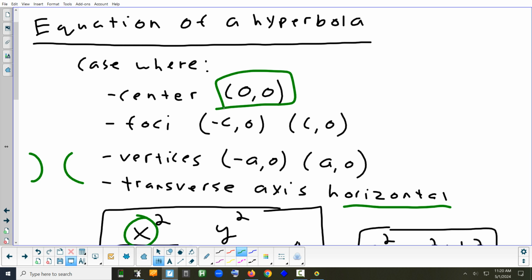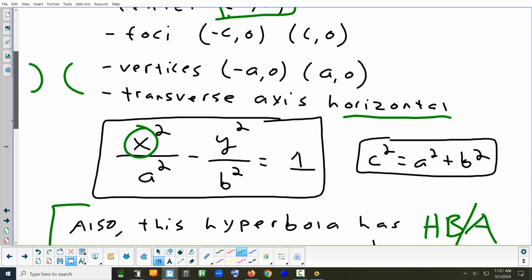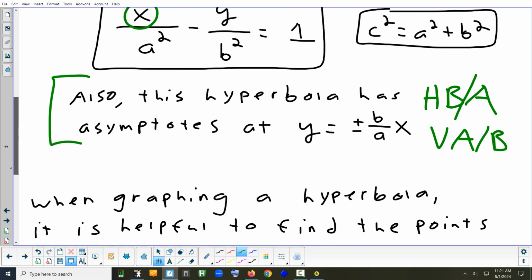We just use point slope form to get the equation. Because the asymptote always goes through the center, and it always has the slope I just showed you. So you always are going to know the slope, and you're always going to know a point. So this is perfect for point slope. That's what we'll use in a little bit. But for now, you don't need point slope because it's at the origin.